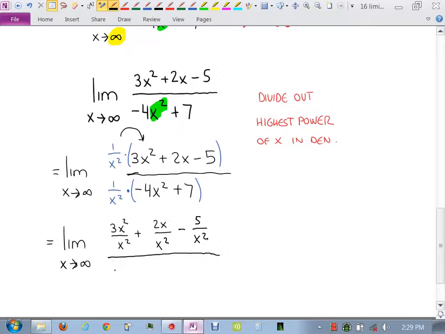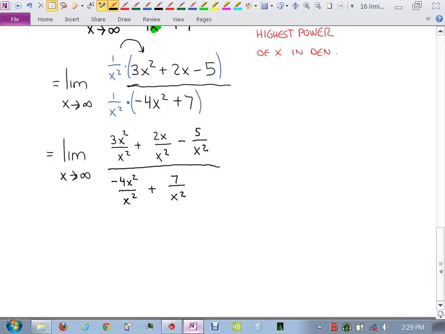Over the denominator, negative 4x squared over x squared plus 7 over x squared. Everyone see that, just distributing term by term? And you should get some good cancellation here. X squared should go away there and there. What will I be left with on that second term in the numerator? Just 2 over x, right? One of those x's is going to cancel. And then on the third one, nothing cancels. And over here, nothing cancels.